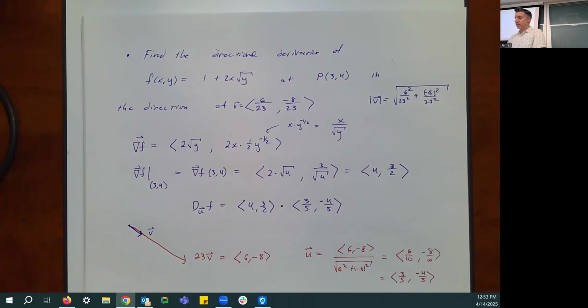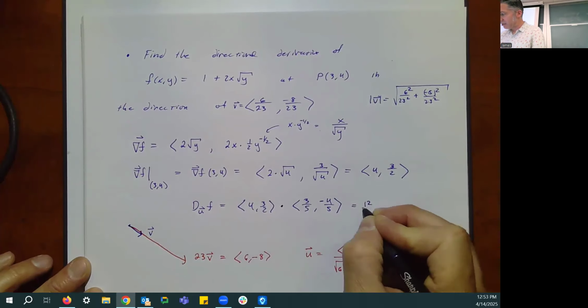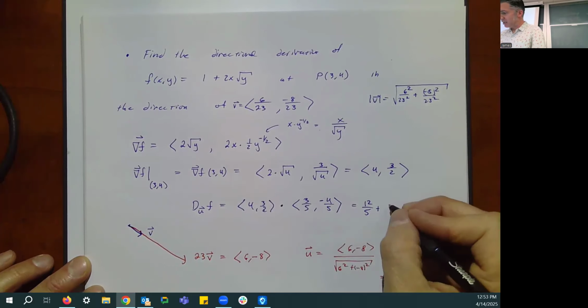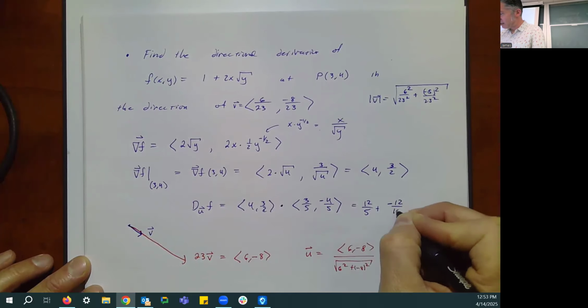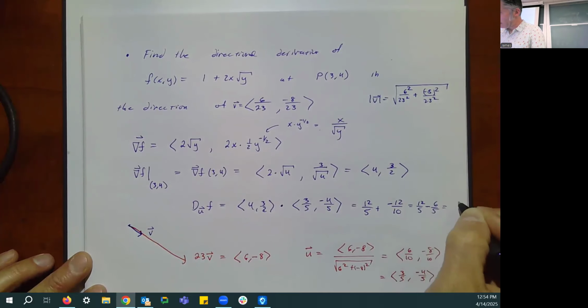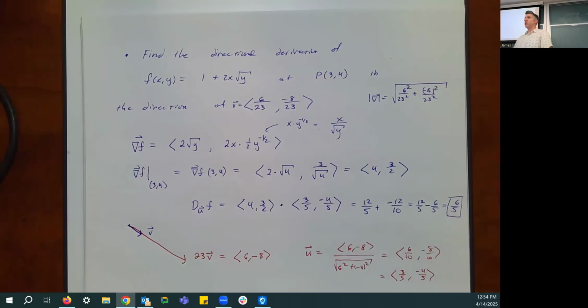And then we dot product it out. 4 times 3/5 is 12/5 plus 3/2 times -4/5 is -12/10, which reduces to 12/5 minus 6/5, which is 6/5. A positive slope, meaning we're going up the hill versus down the hill, or up the surface versus down the surface.